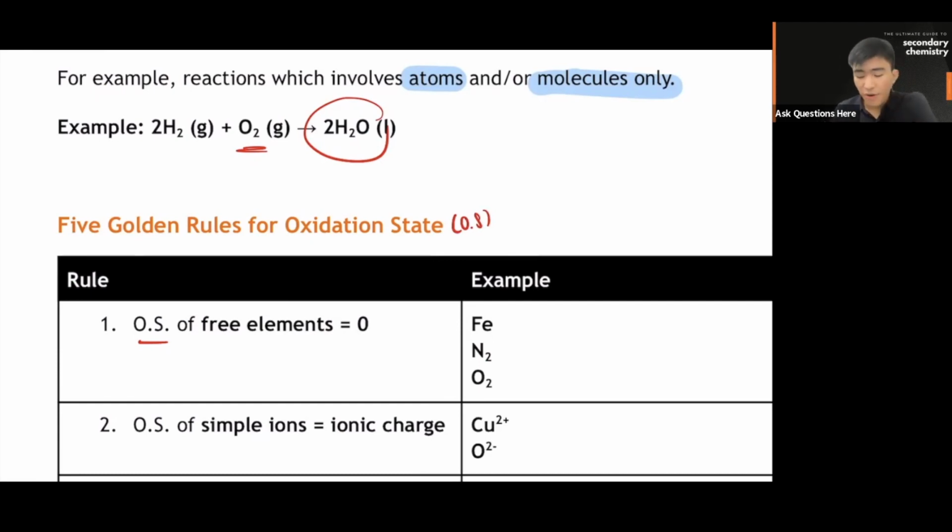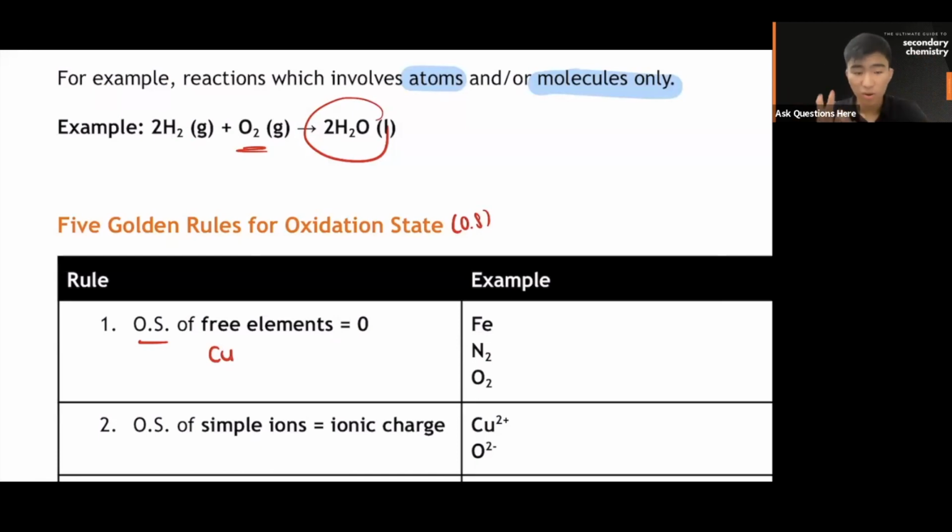Imagine that I am holding a piece of, for example, copper metal. Copper metal that has no impurity, no nothing, is pure copper metal. If I say there is a copper metal, the oxidation state of all the atoms of the copper itself is 0.